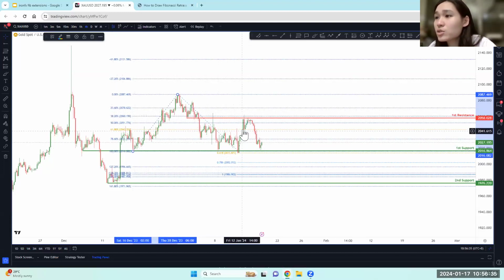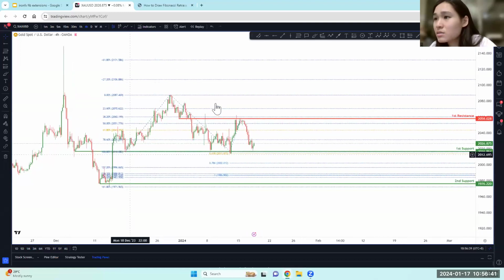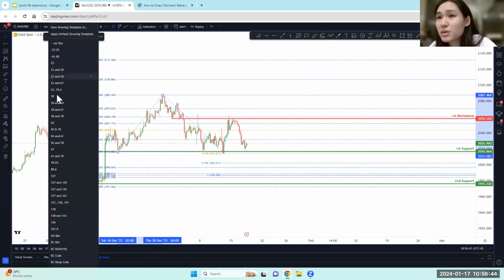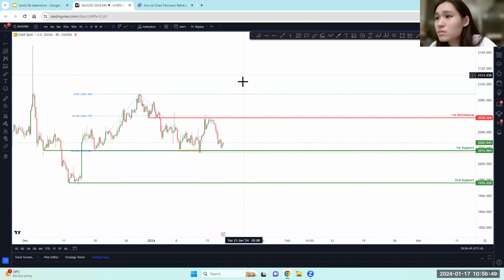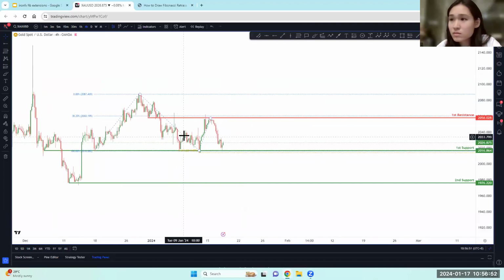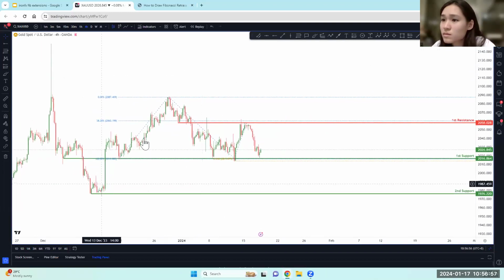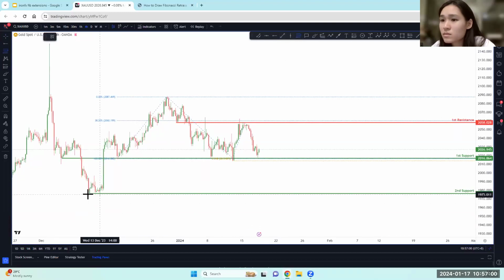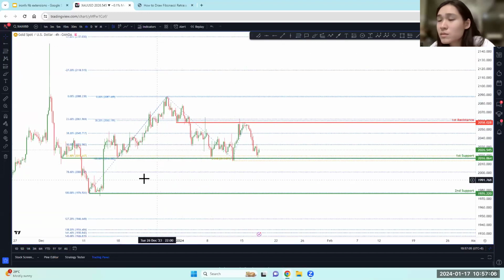My 38.2 lines up with my first resistance. My 23.6 also lines up with my first resistance, and so does my 61.8.